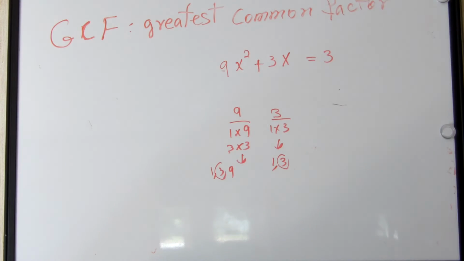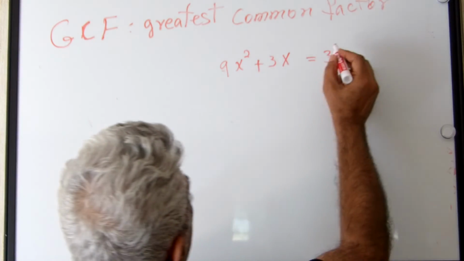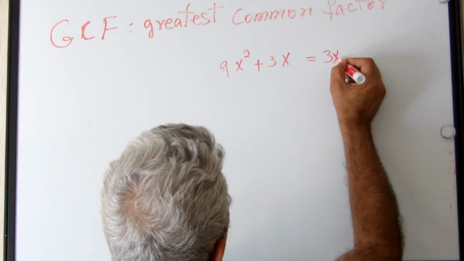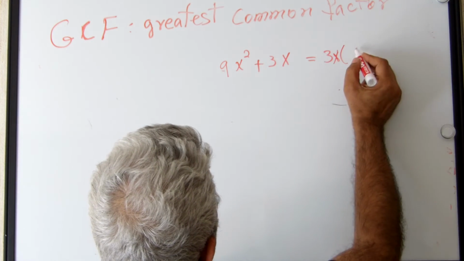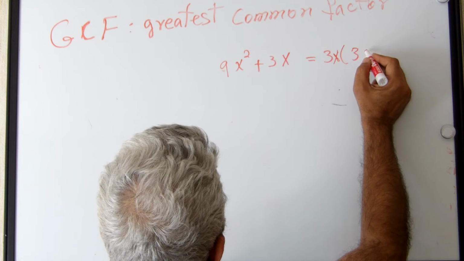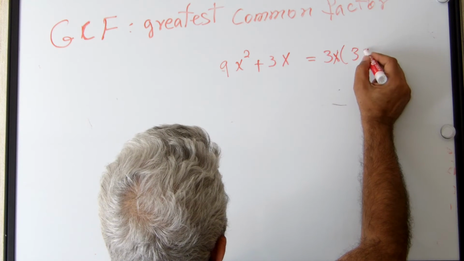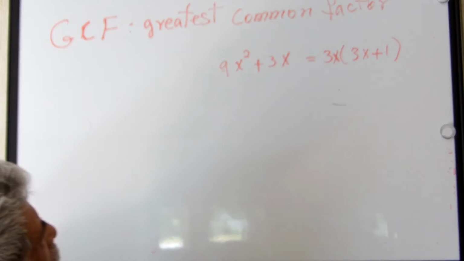So you write it here with 3x. You can factor x from both because they both have x, and this is going to be 3x plus 1. 3x times 3x plus 1.